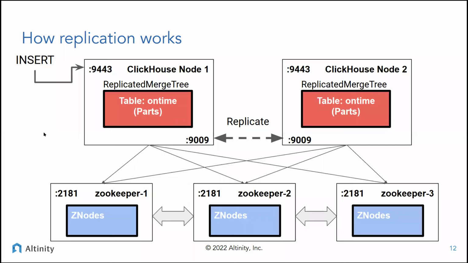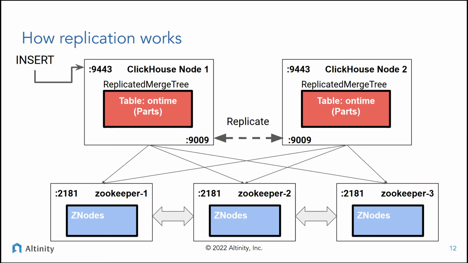So how does that work? Well, we have a table called on time. This is a well-known airline data set. We define it using the replicated merge tree table type, or table engine, as we would say. We have one copy, one replica, on the first server on the left, and another replica on the server on the right.